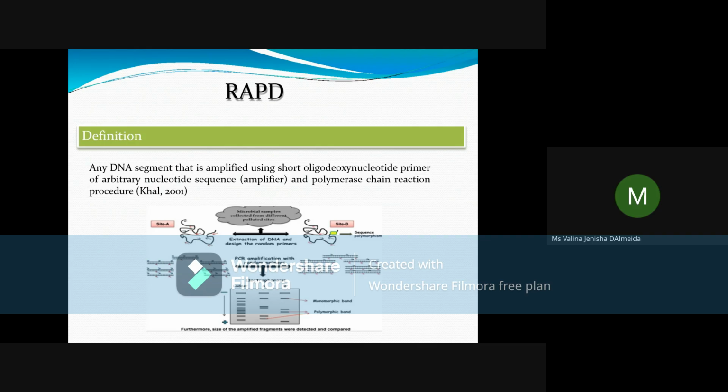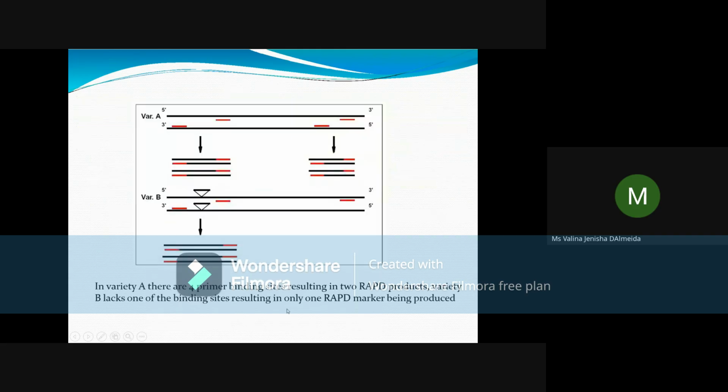Now these primers are going to bind to your whole genome randomly at certain places, and then you are going to amplify the DNA. Here your entire DNA won't be amplified, only a part of your DNA will be amplified. So through these patterns, you will be able to understand what the variations and the similarities are.